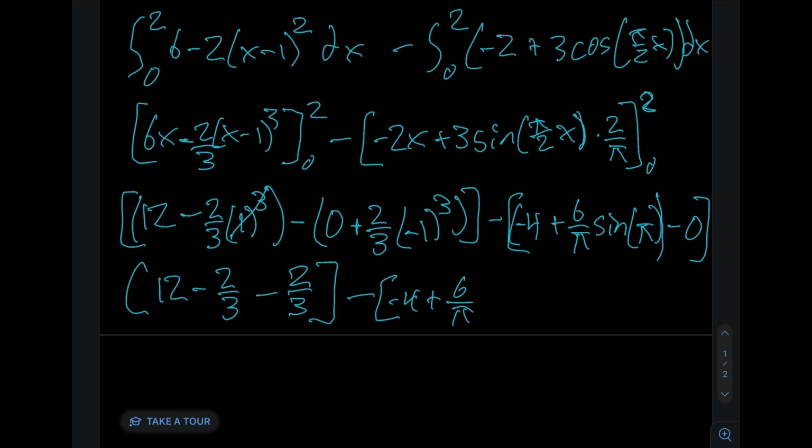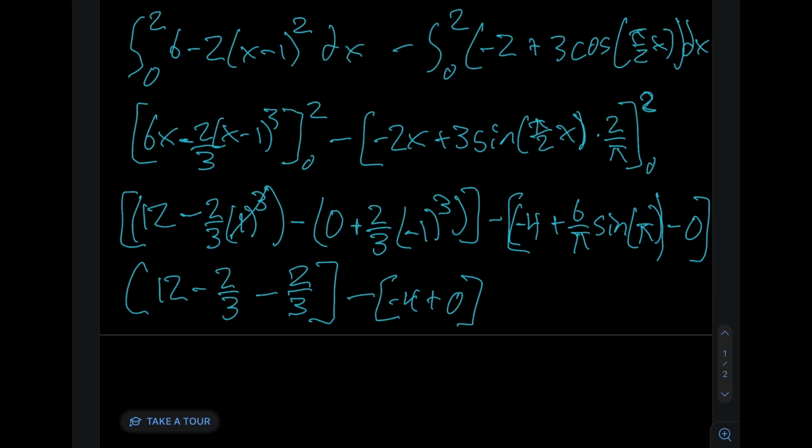Now, sine of pi, if you go back, remember the sine wave starts at 0, and when it hits pi, it's actually back to 0. So, funnily enough, this 6 over pi is just going to cancel out to 0, like so.